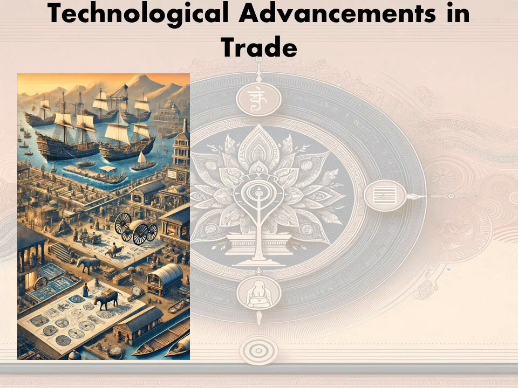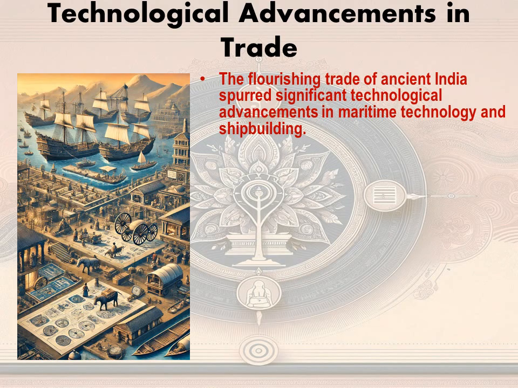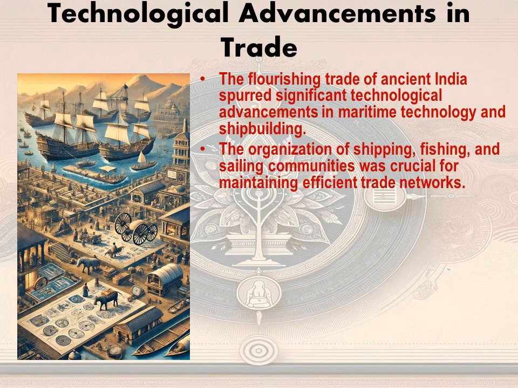Technological advancements in trade. How did trade lead to advancement of technology? The flourishing trade of ancient India spurred significant technological advancement in maritime technology and shipbuilding. So, with connections with the Roman Empire and Southeast Asia, we needed a very good communication system, and that communication system was possible with proper maritime technology and shipbuilding.